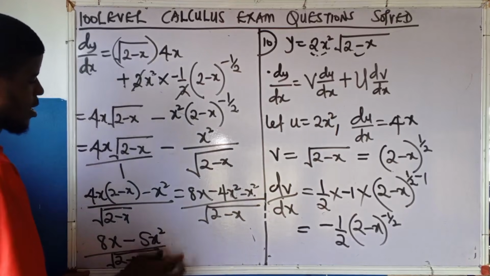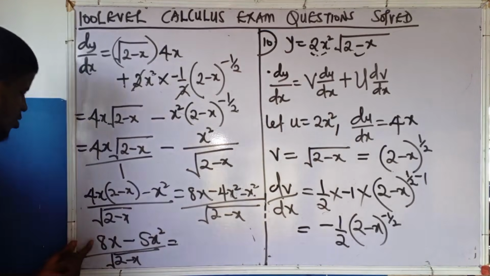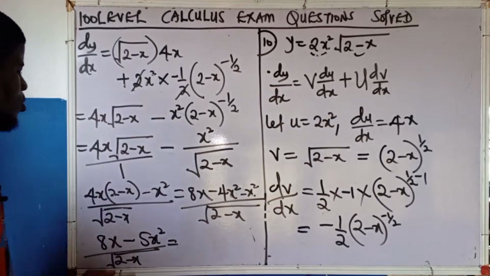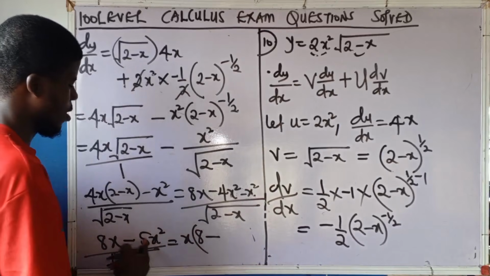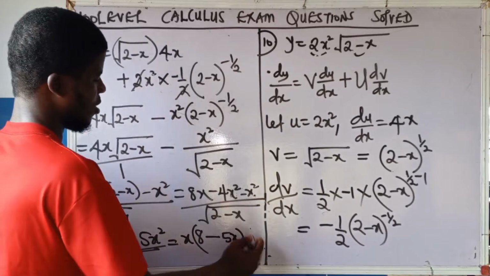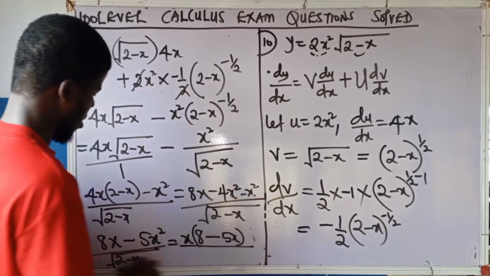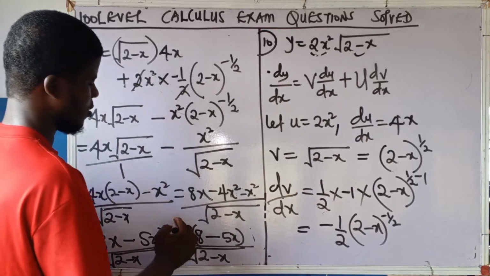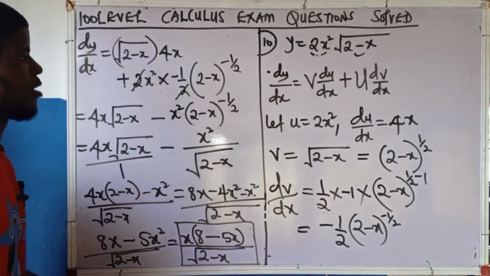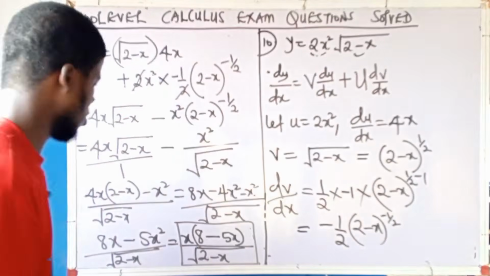Okay. I think the answer, they factorize the numerator. What's common to these two? X. Bring the x outside. We have 8 minus 5x left divided by the square root of 2 minus x. And this is the derivative of this particular function with respect to x.